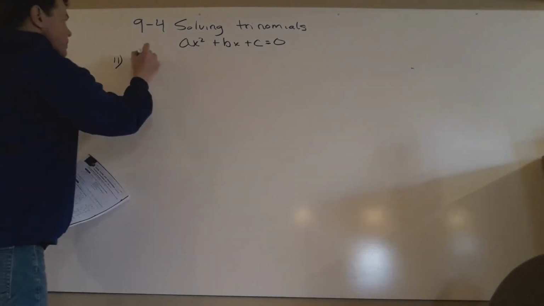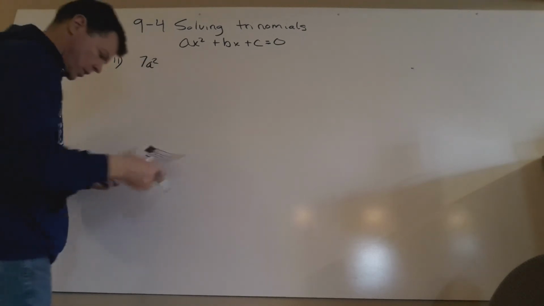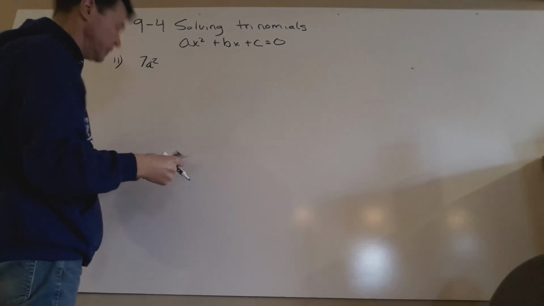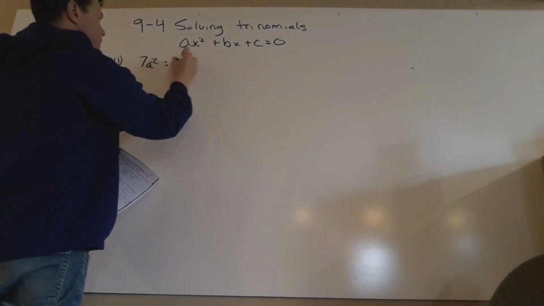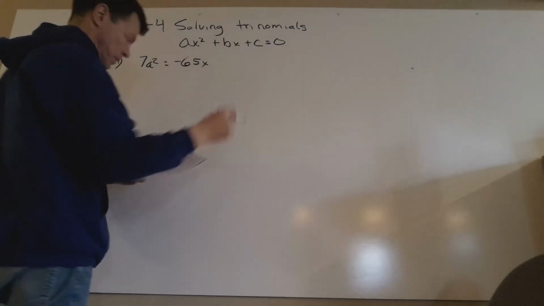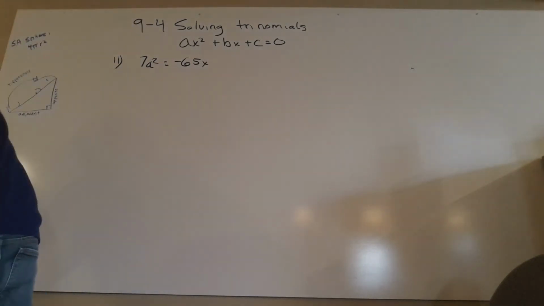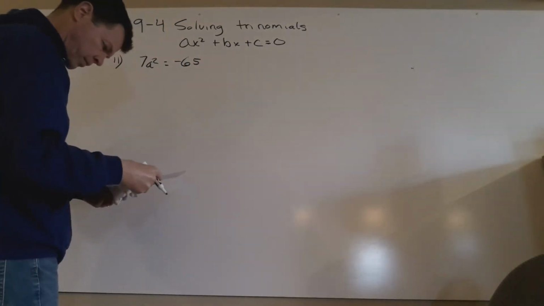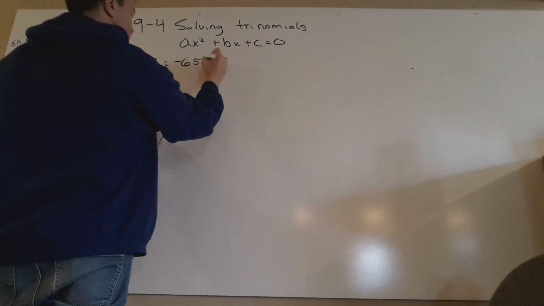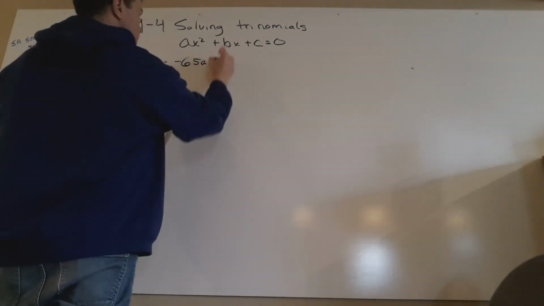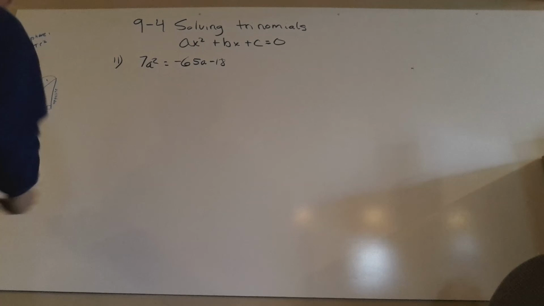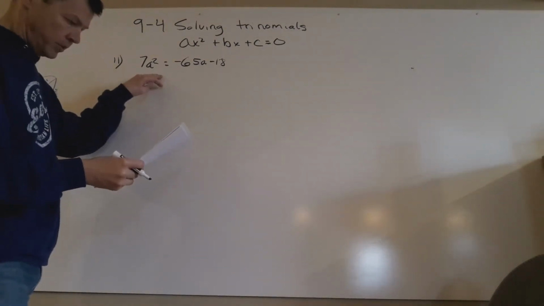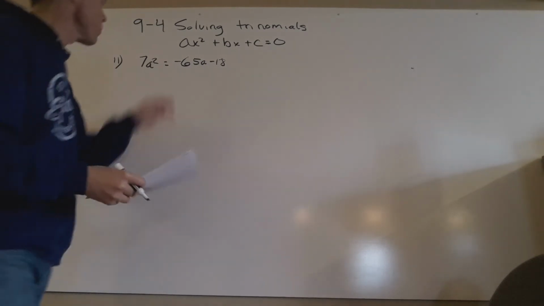7a squared equals negative 65a minus 18.